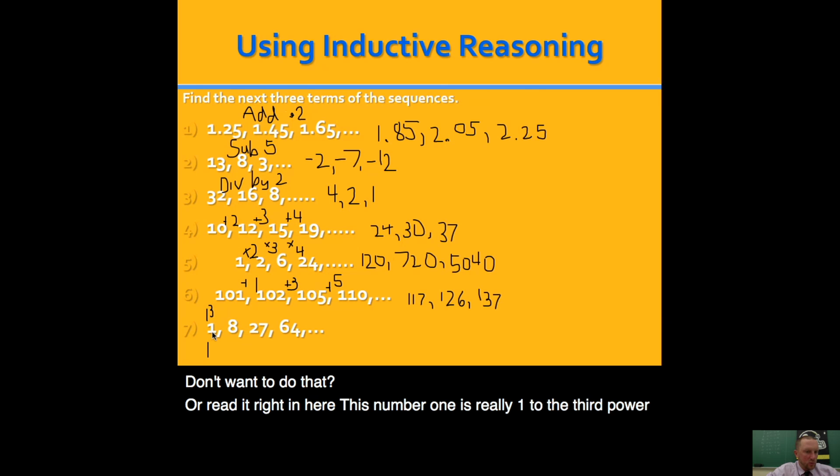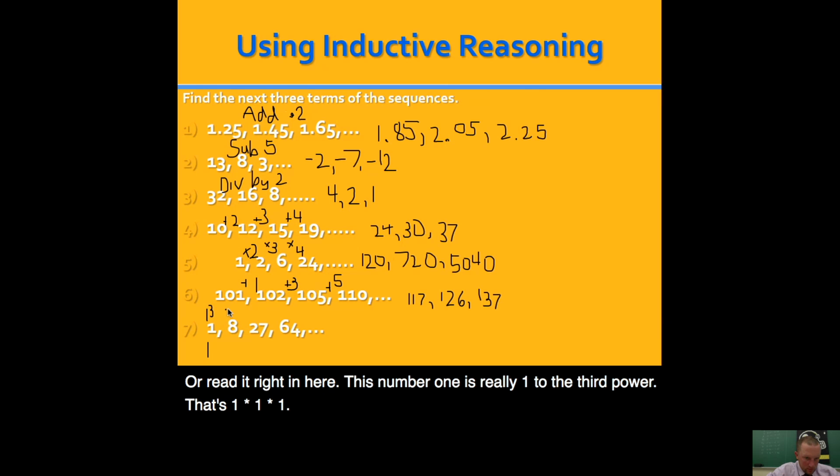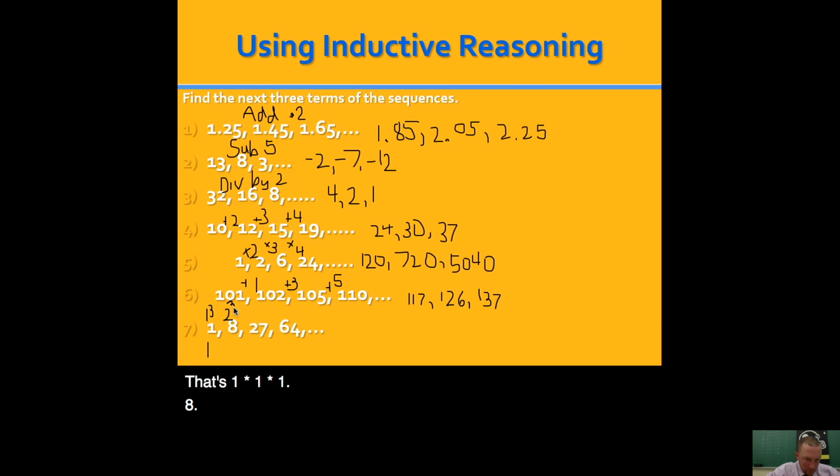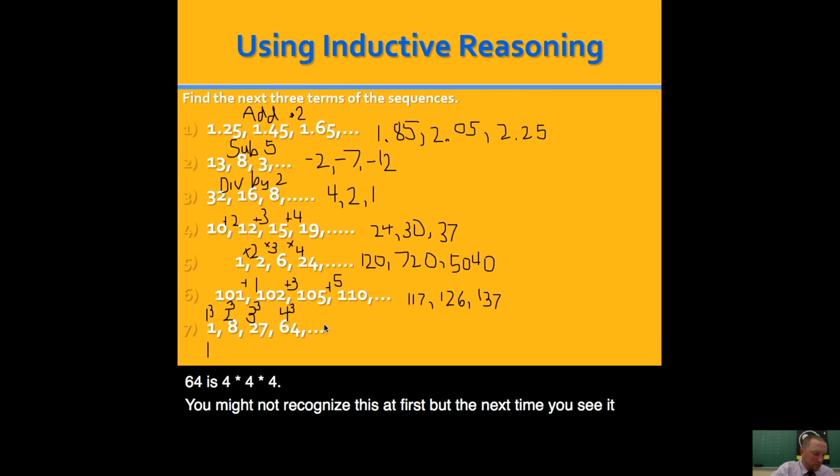That's 1 times 1 times 1. 8 is 2 to the 3rd power. 2 times 2 times 2 gives you 8. 27 is really 3 times 3 times 3. 64 is 4 times 4 times 4. You might not have recognized this at first, but the next time you see it, you probably will.